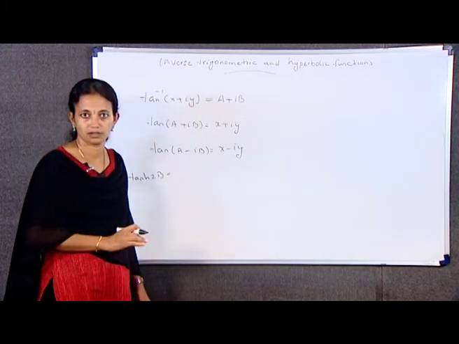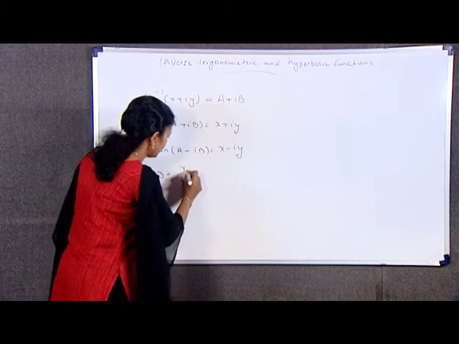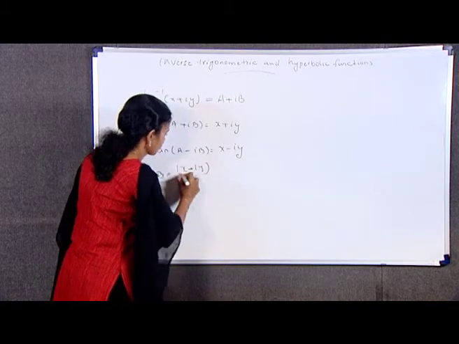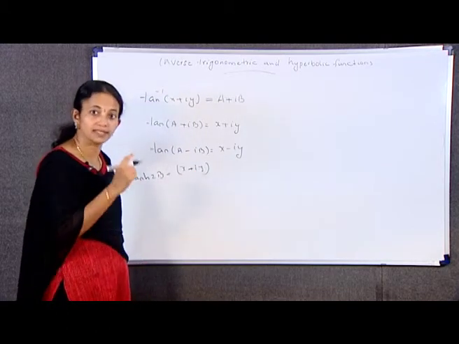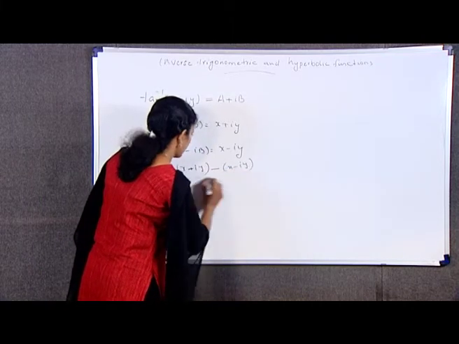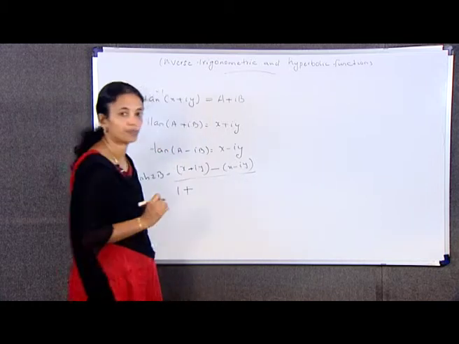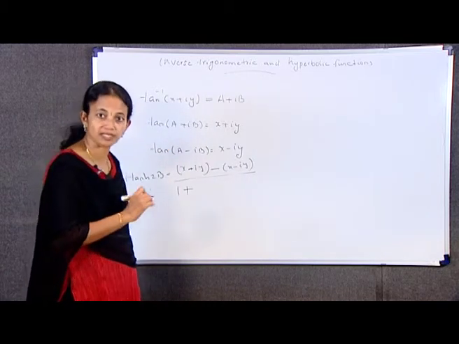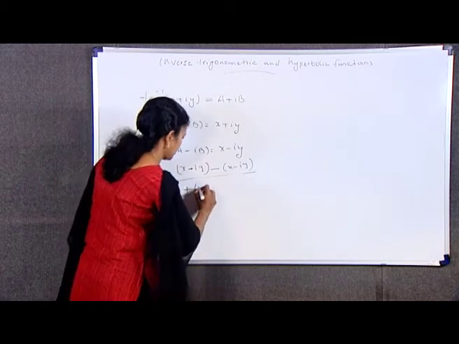Same expression, that is (x+iy) minus (x−iy), divided by 1 plus (x+iy)(x−iy).